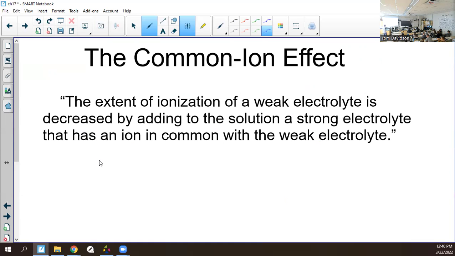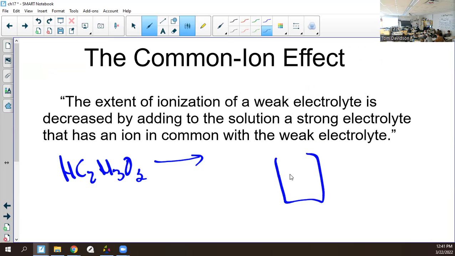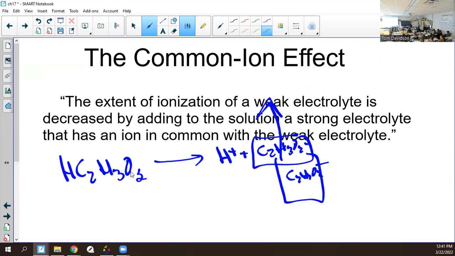This is a ton of words, but it's saying I can make less acetic acid dissociate if the solution already has C2H3O2 minus, because it would go to H plus plus C2H3O2 minus. But if there's already a lot of this, very little of this will break apart.